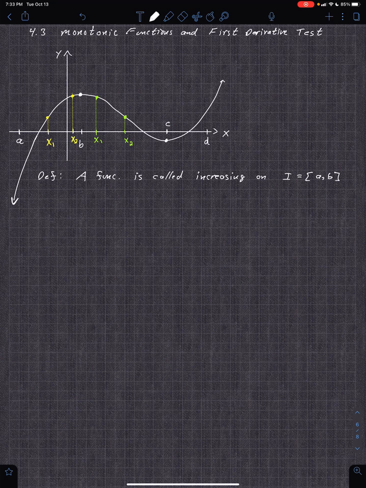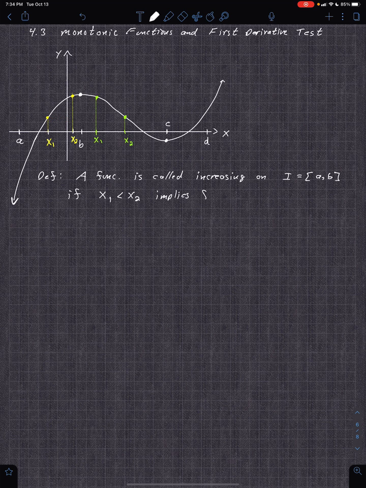It's increasing on I if x1 less than x2, so that's what my picture looks like above, implies, increasing, that means what? We want this value to be less than this value. Then that means it's increasing.